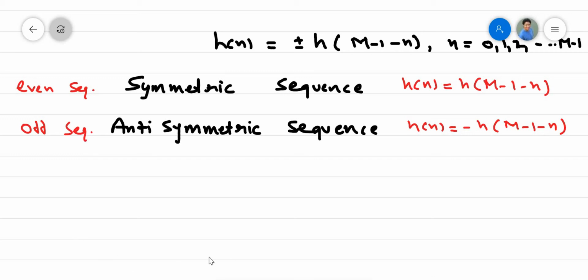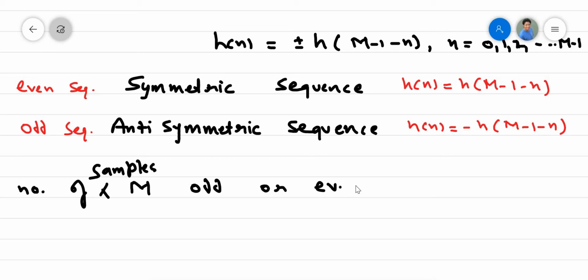Okay, so one can clearly see this M, the number of samples, can either be odd or even, and we have two kinds of sequences.